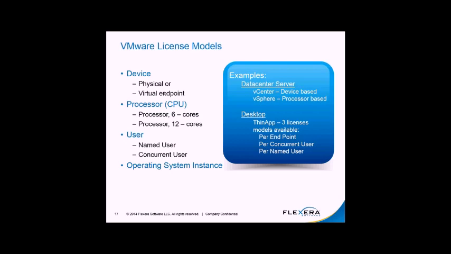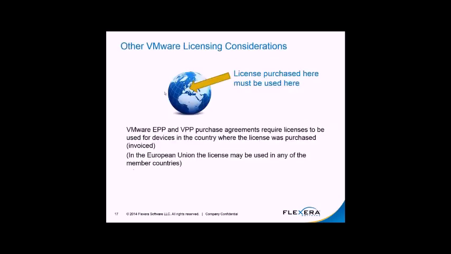You'll have processor on the servers, and then you may have named user or concurrent users for those environments. So for vCenter and vSphere, it's device or processor based, and for the desktop you've got per endpoint, per concurrent user, or per named user, and you may have a mix and match of those.